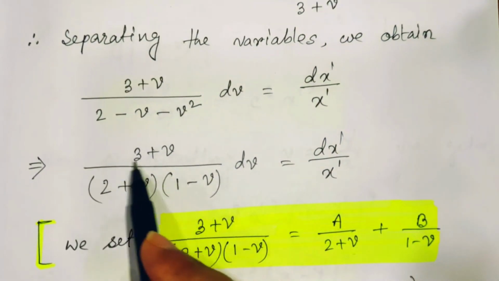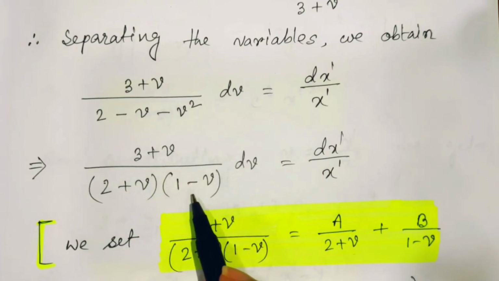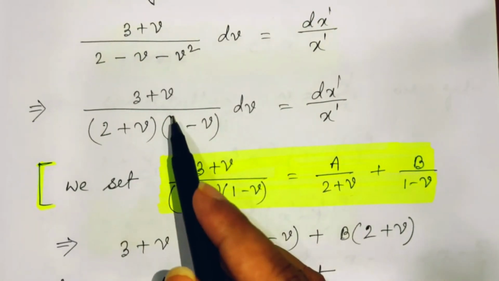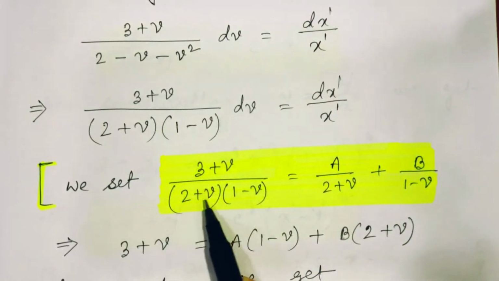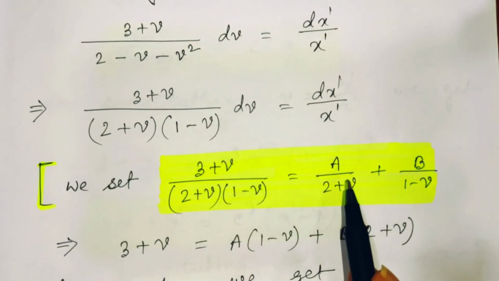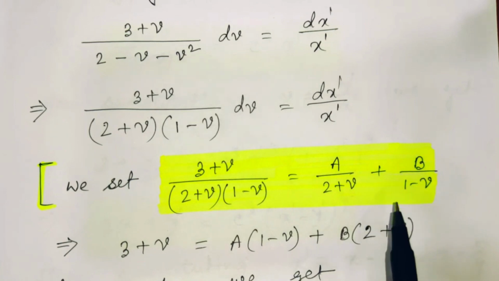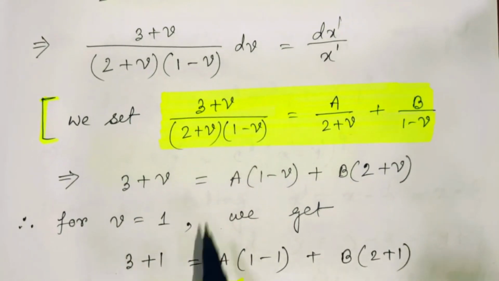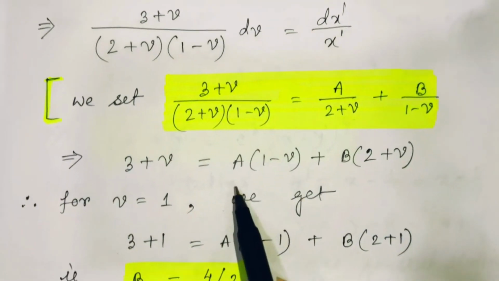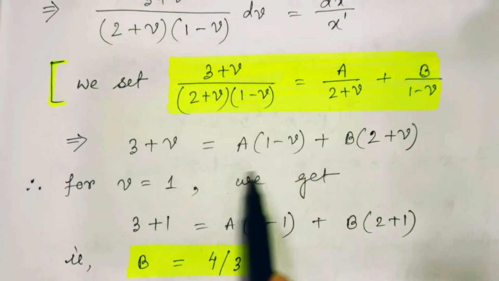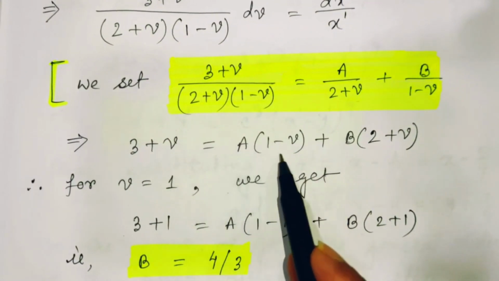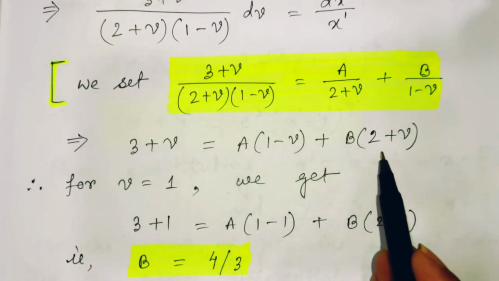Now look, this one we can't integrate directly, that's why we should break it into fractional form. We know how to break this, but still I do it for you. So we can write it in the form of a by (2 plus v) plus b by (1 minus v). We take the LCM and by comparing we find 3 plus v equals a into (1 minus v) plus b into (2 plus v).